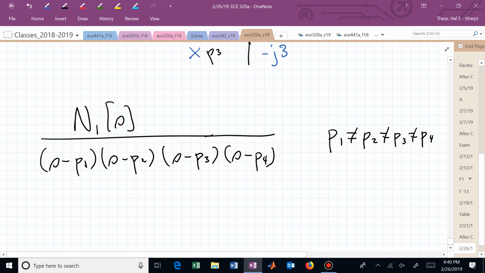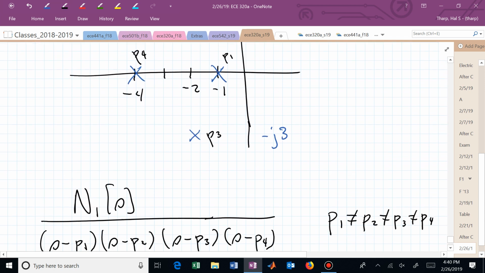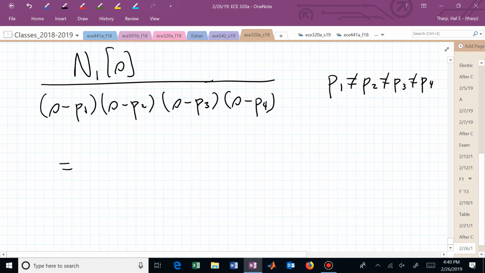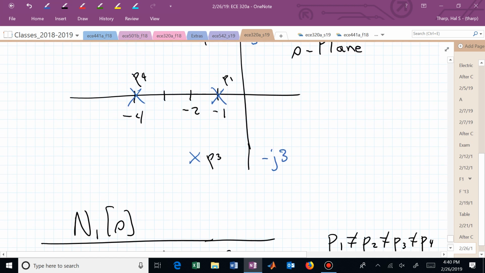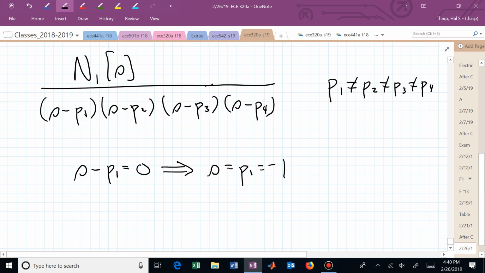And in particular, you could say, well, if this is P1, we have S minus P1 equal to 0. S is equal to P1. What is P1? Minus 1. What's S equal to P sub 2?